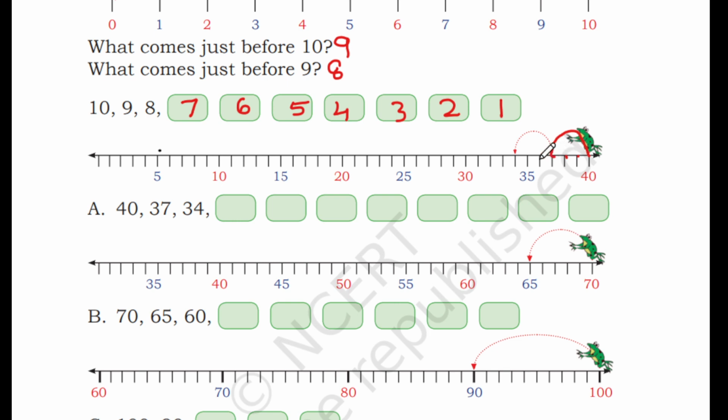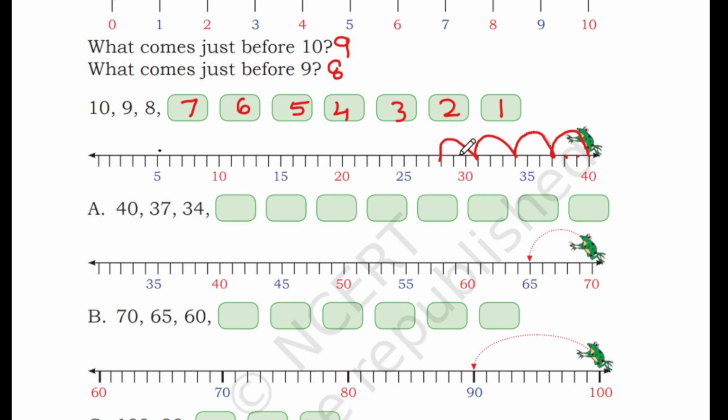Likewise again 1, 2, 3. So it is reaching 35. Okay. Again 1, 2, 3. It will reach 31. Okay. Again 1, 2, 3. This one is 28. Okay.